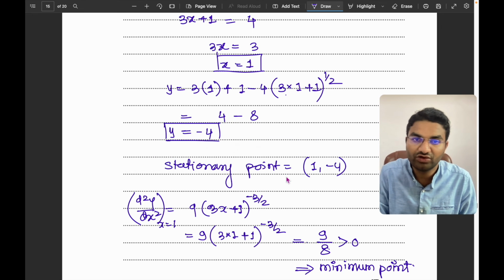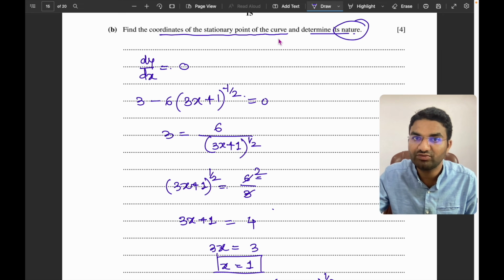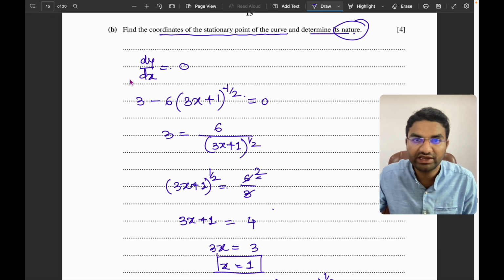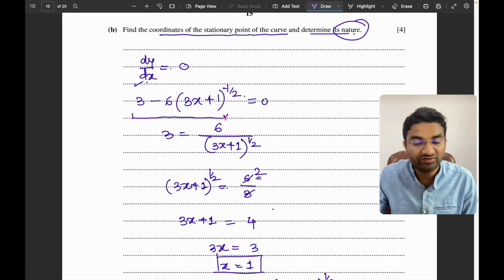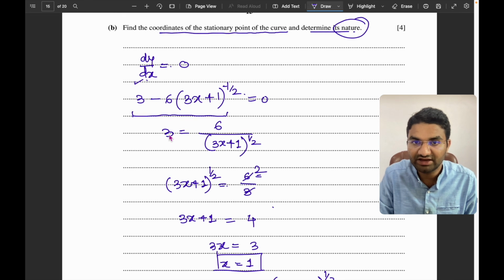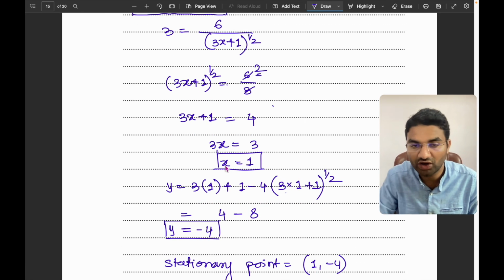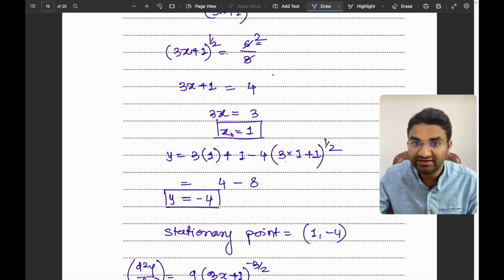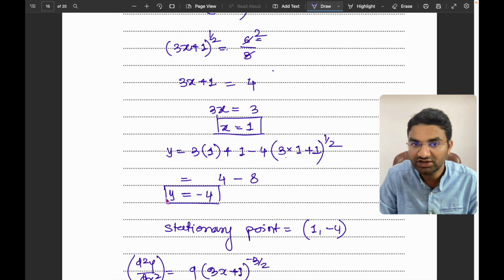Fine. So look at what we did, I will explain again. Find the coordinates of a stationary point of the curve and determine the nature. To find the stationary point, I equated dy by dx to 0. We already found dy by dx in the first part, and then I equated it with 0. Then I got x is equal to 1. Then put x equal to 1 in the original equation and you get y is equal to negative 4.